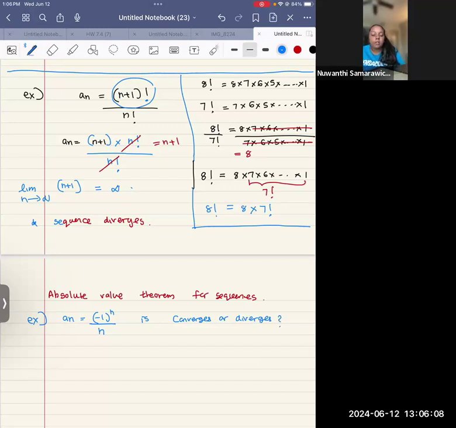Okay, so we are going to use the absolute value theorem. What is the absolute value theorem?